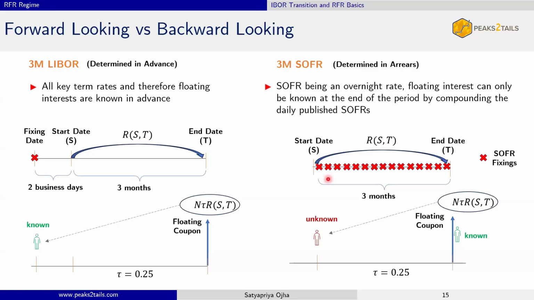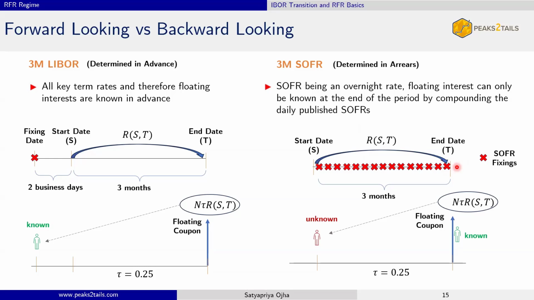It's only after all these SOFR daily rates are published day by day, when all the daily rates that are part of this contract period are published, only at the end you would be able to compound all of these daily rates and come up with the final settlement, the floating interest payment that will be part of your settlement. There is no way to know this in advance.